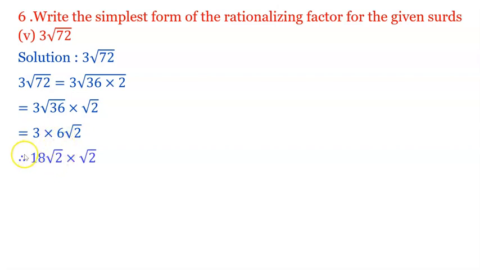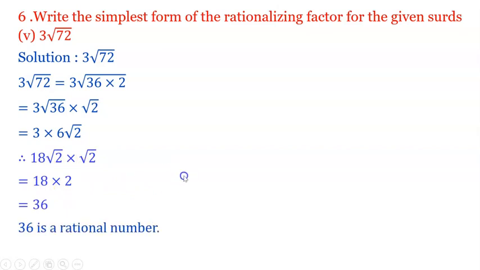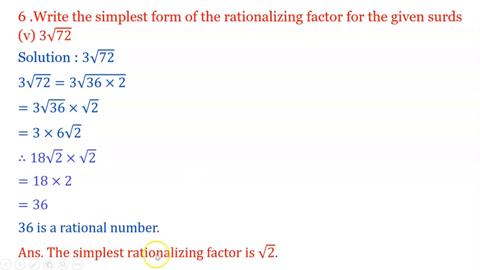If we again multiply this number by root 2, then you will get a rational number. How is it? Here root 2 into root 2, you will get 2. 18 into 2, you will get 36, and this is a rational number. Hence, the simplest rationalizing factor of 3 into root of 72 is root 2.